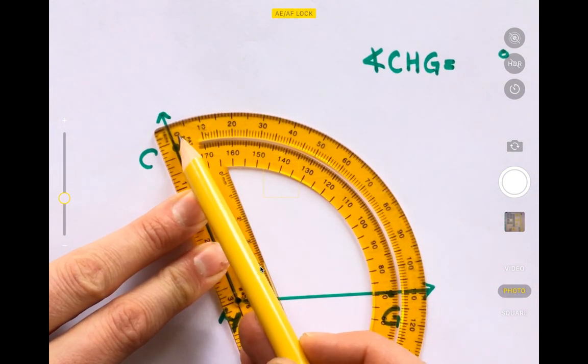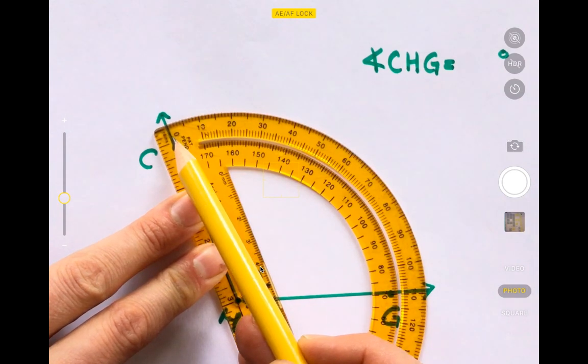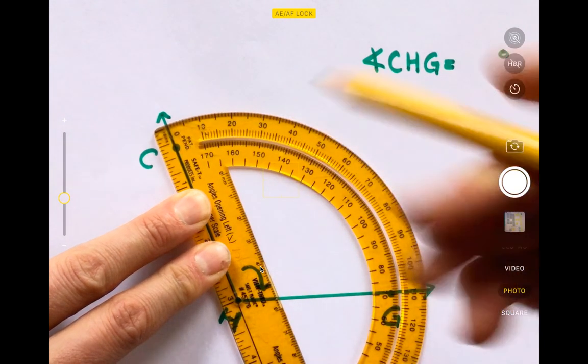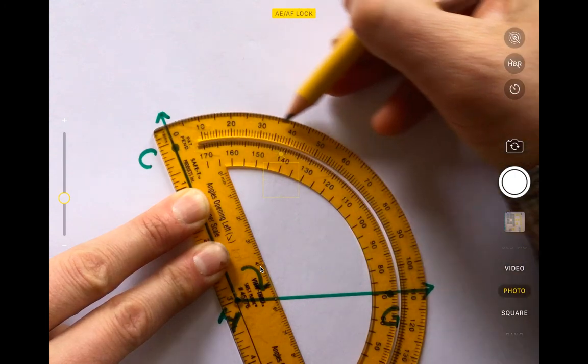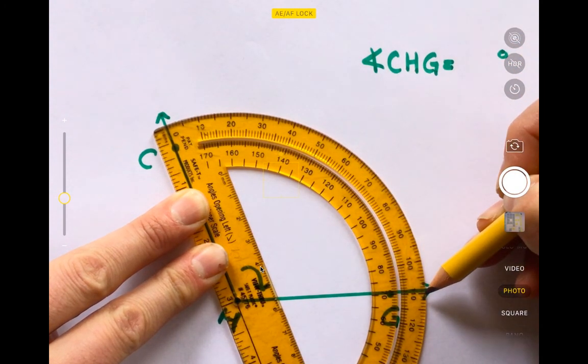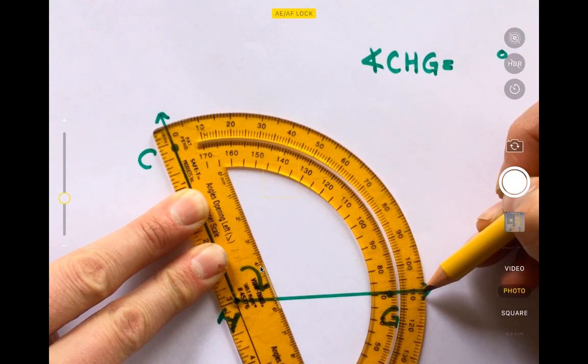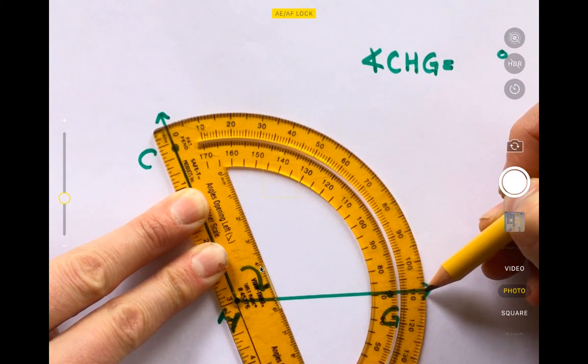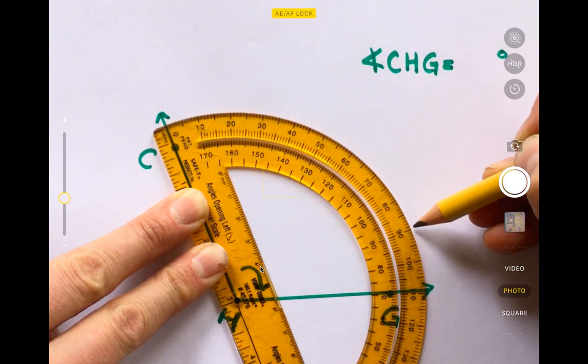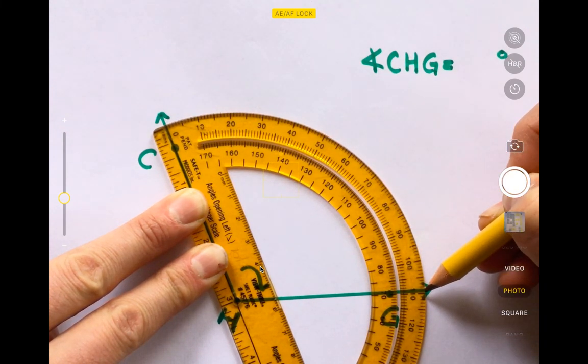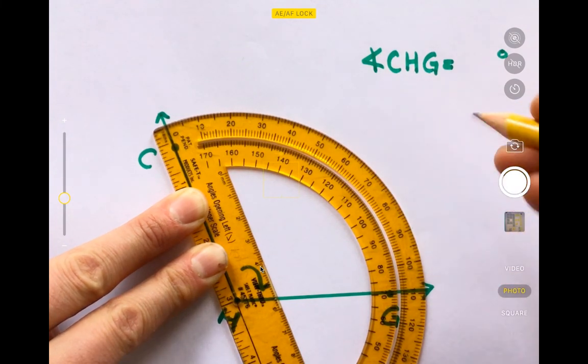This time the 0 mark is on the outside, and I'm going to count up until I get to my angle. Now this one again is long enough to reach the edge of the protractor, so I can see right here that it's past 90 degrees, which was here, all the way up to about 109.